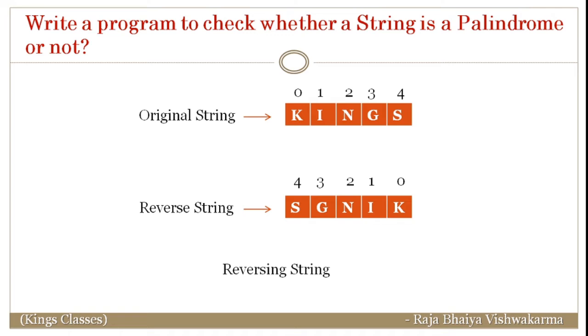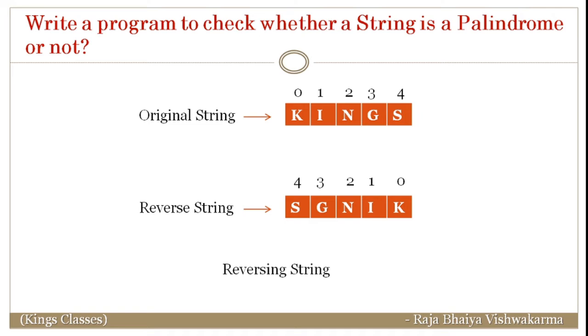As you can see, the fourth index character of the original string became the first character of the reverse string, and the third index character of the original string, that is the fourth character G, became the second character of the reverse string. Likewise we will reverse the string, and the zeroth index character K, meaning the first character of the original string, will become the last character of the reverse string. So this is how we will be reversing the string.